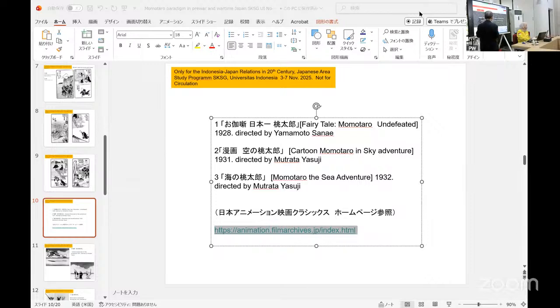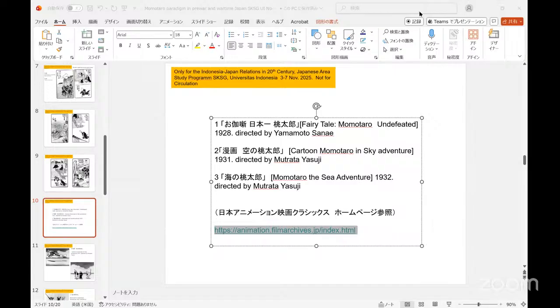Jepangnya kalau mau mempromosikan, like Momotaro.